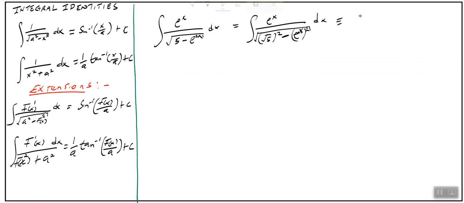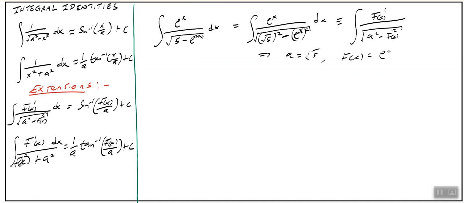If this is the same as f prime of x divided by the square root of a squared minus f of x squared, this implies that my a is square root of 5 and my f of x is e to the x.